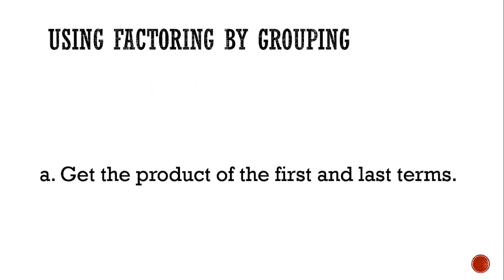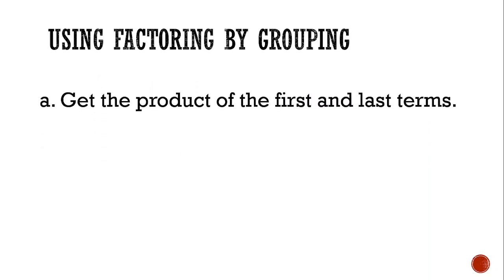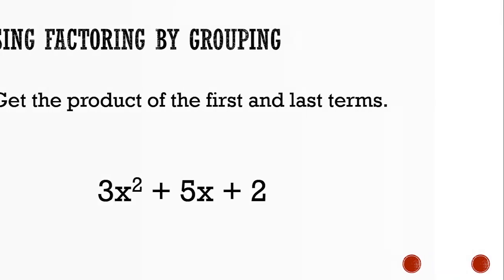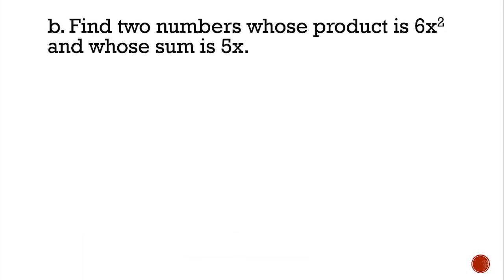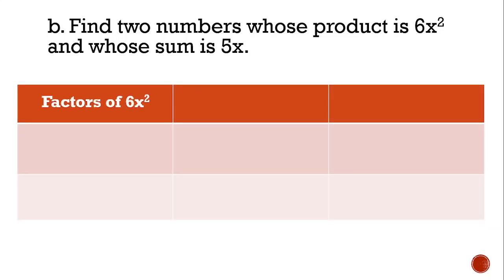Using factoring by grouping, get the product of the first and last terms. Okay, so 3x squared plus 5x plus 2. Second step, find two numbers whose product is 6x squared and whose sum is 5x. Okay, factors of this 6x squared, product, and sum.